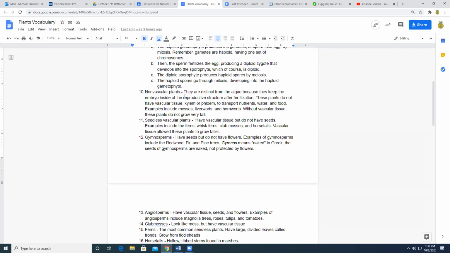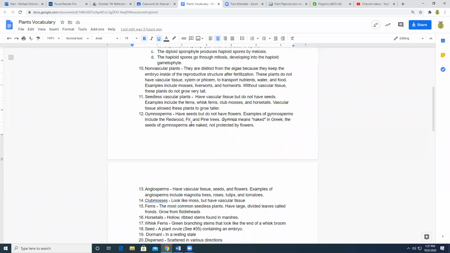We're also talking about the evolution of plants as they came into the world, and organisms became more complicated as they evolved. We went from non-vascular plants, then we started to see vascular plants that did not have seeds, like ferns. Then we have gymnosperms, which do have seeds, but they don't have flowers. Gymnosperms are our coniferous trees, things that have cones, like pine trees and firs.